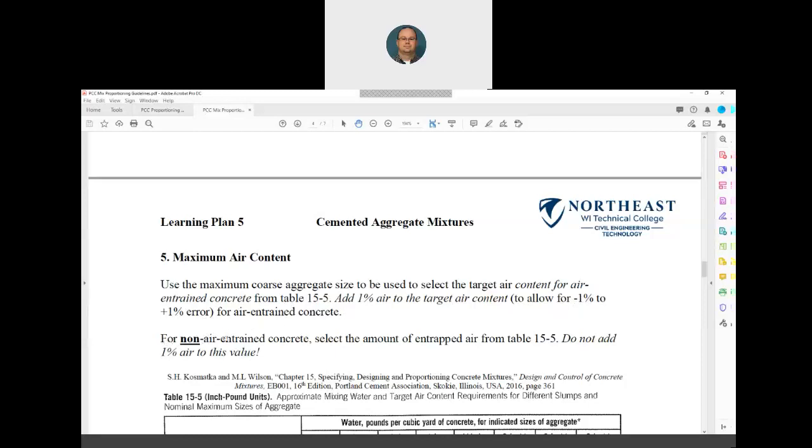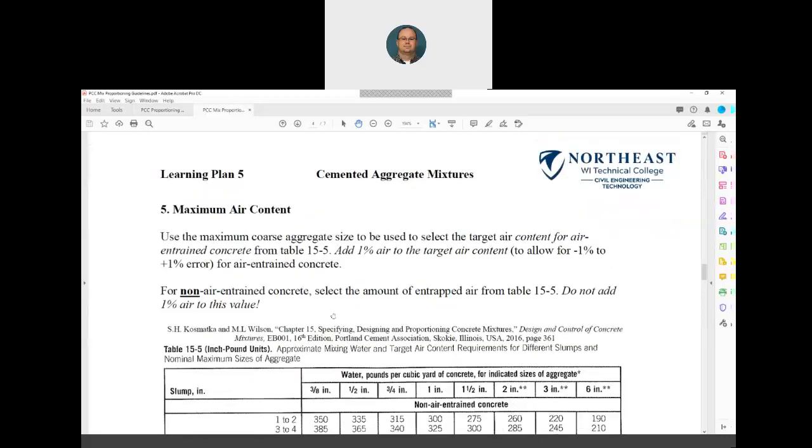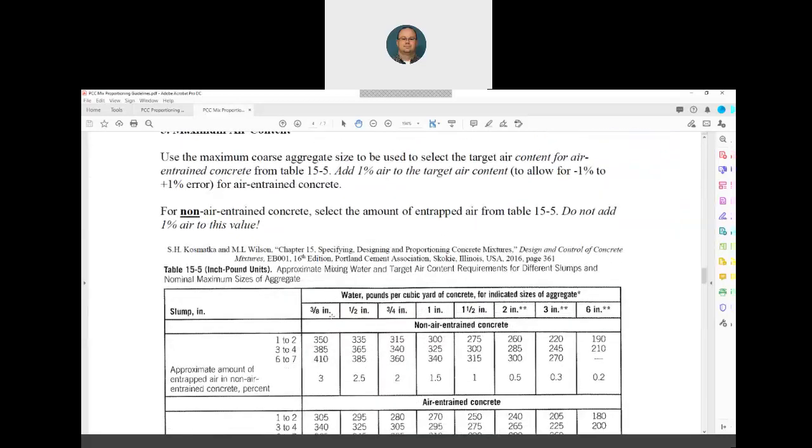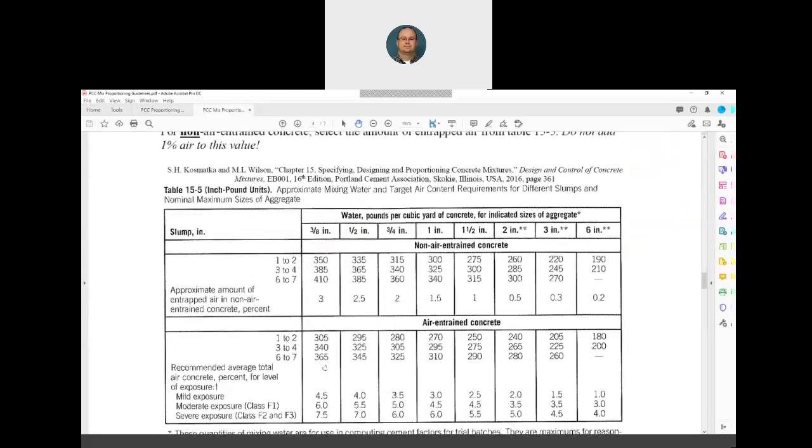For non-air-entrained concrete, if we're in warm weather, we're not going to air-entrain it. We're going to air-entrain it if we're in cold weather, freeze-thaw. Select the amount of entrapped air from table 15.5. Do not add 1% air to the values. Don't forget about this: if I'm non-air-entrained, do not add 1%. So maximum coarse aggregate size. Let's look at this table.